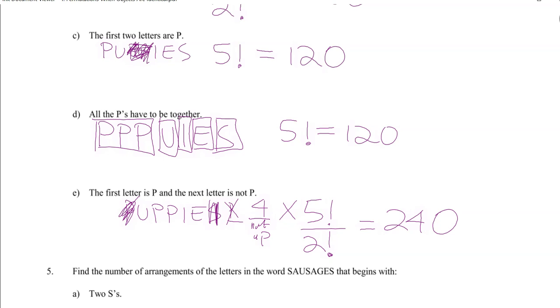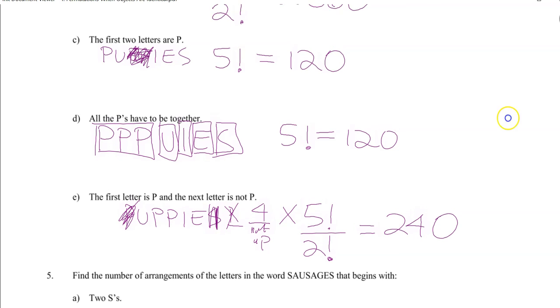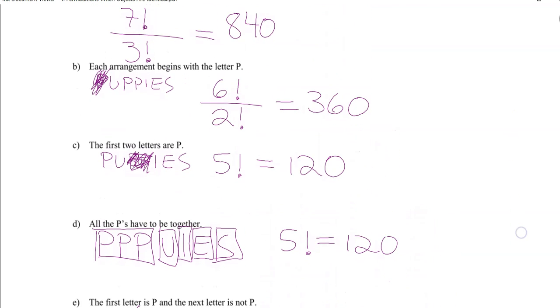Now, here's another way to think about this, right? So if the first letter is a P and the next letter is not a P, then each arrangement begins with the letter P, right? We know there are 360 ways that it begins with a P. But these 360 could begin with 1 P, or 2 P's, or 3 P's, right?